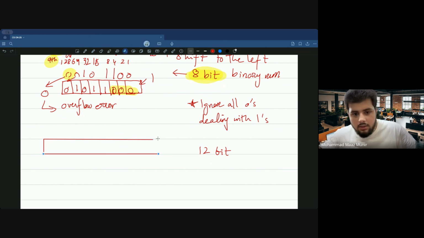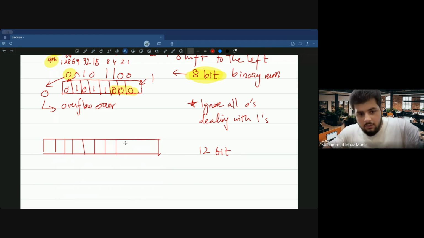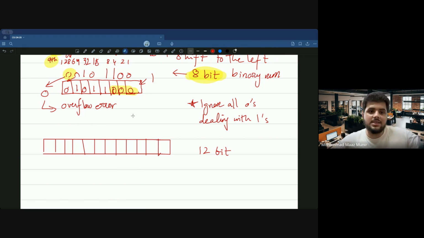New thing learned. So we have this big sort of table, and then I make 12 sections. 1, 2, 3, 4, 5, 6, 7, 8, 9, 10, 11, and then finally 12. Now, if I take the same example, we had 0, 0, 1, 1, 0, 1, 0, 0.